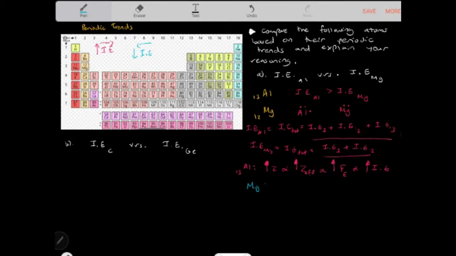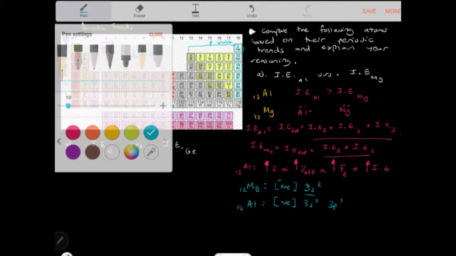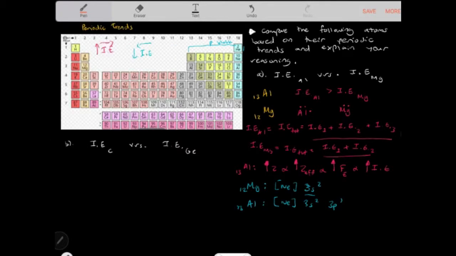Magnesium can be written as neon 3s2. Aluminum is neon 3s2 3p1. And you can understand that this is the p block here, and this here was the s block, right?